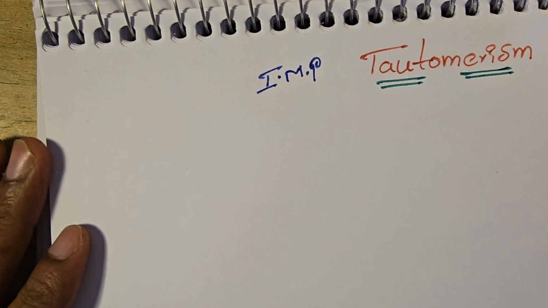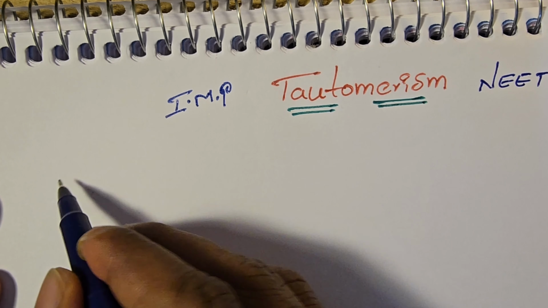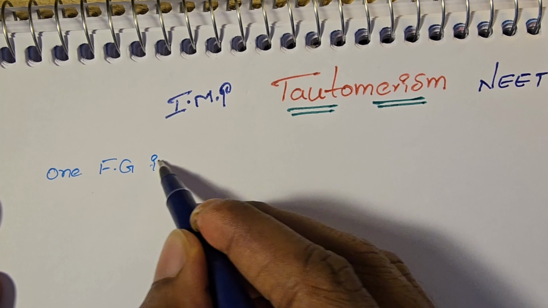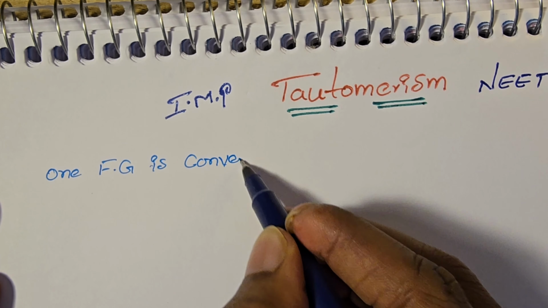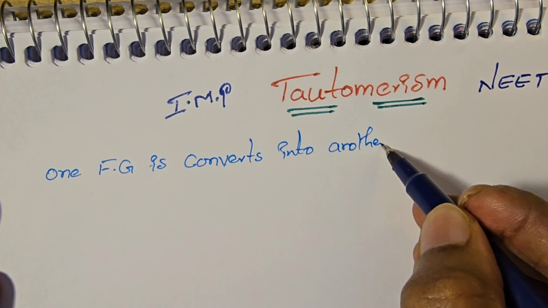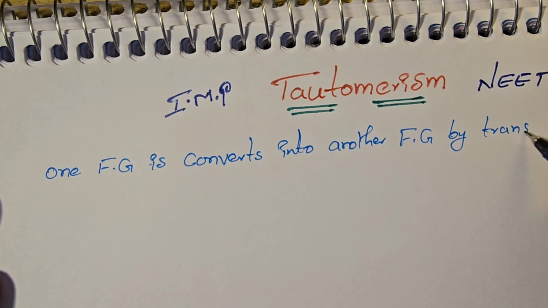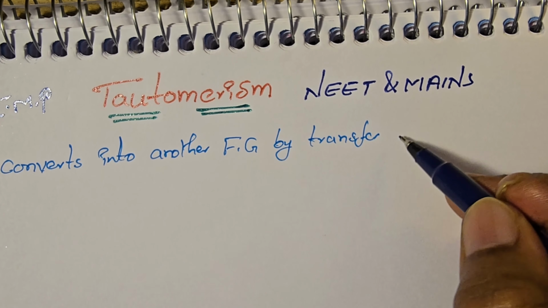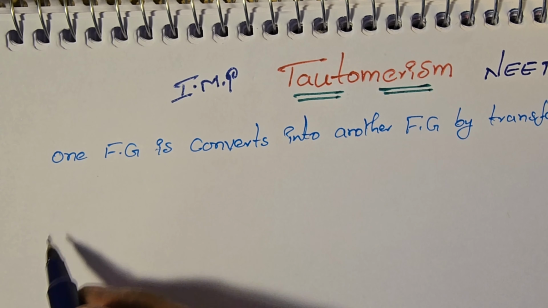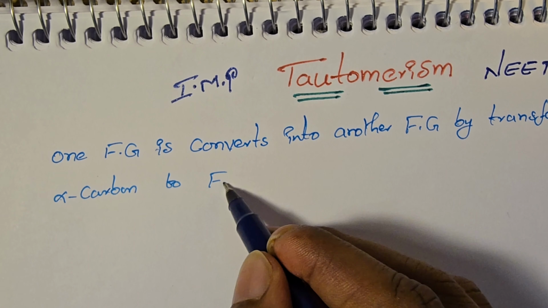What is tautomerism? Look at the definition of tautomerism first. A simple definition I am giving you: tautomerism means one functional group converts into another functional group by transfer of H plus ion from alpha carbon to the functional group.